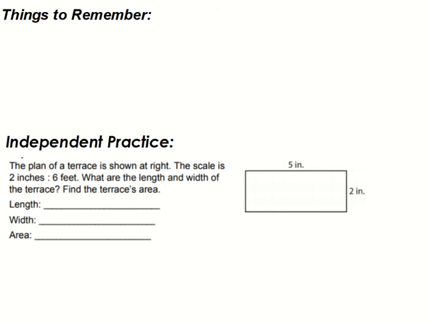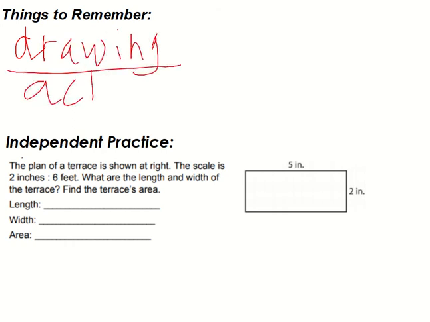All right, so things to remember. Definitely a main one is that it's always drawing over actual. Okay, always, always, always. It's really important that we do that because if you flip that over, it's going to mess up your whole ratio.